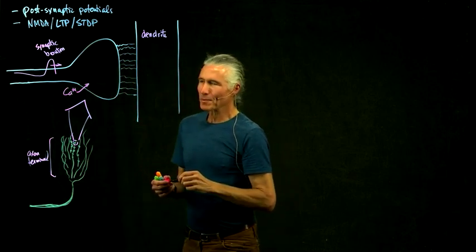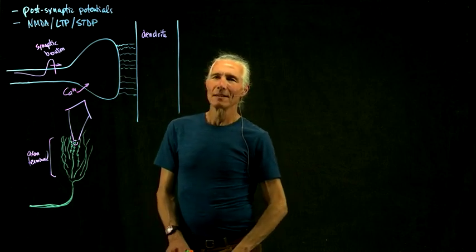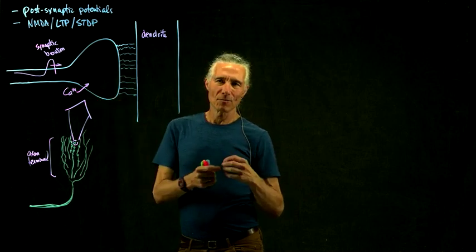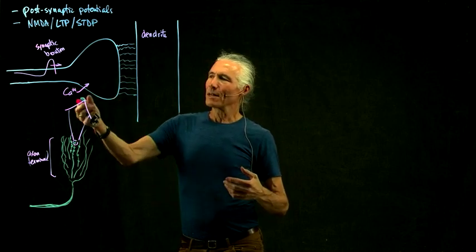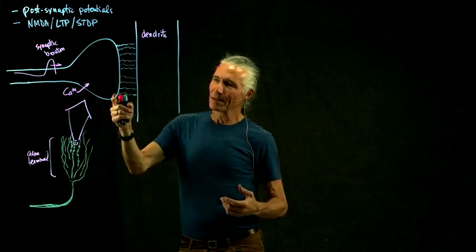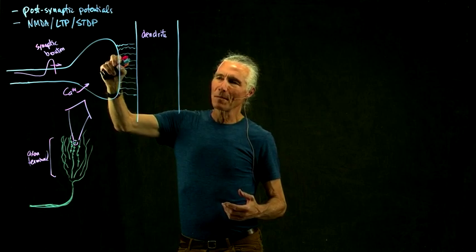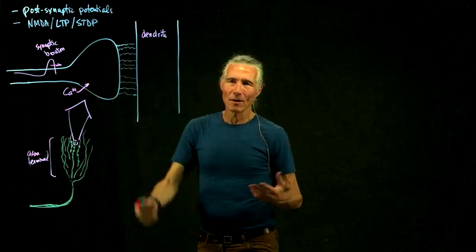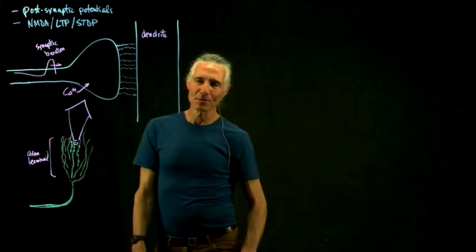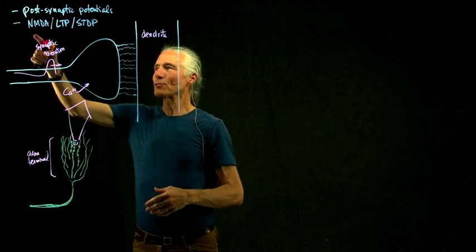Calcium is used for signaling all different kinds of things. Calcium can do 10,000 things in different cells. In this case, an inrush of calcium is going to cause a synaptic vesicle to fuse with the membrane. Calcium is often involved in vesicle fusion, but it's also used for a zillion other things, and we'll see it's going to be used for changing the strength of a synapse.